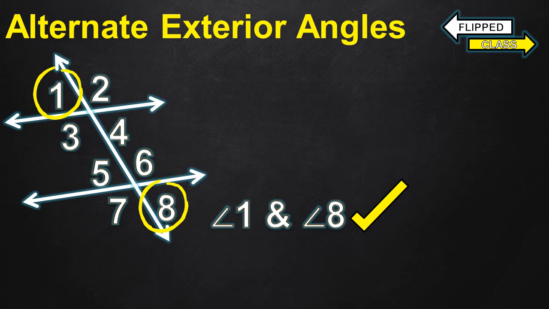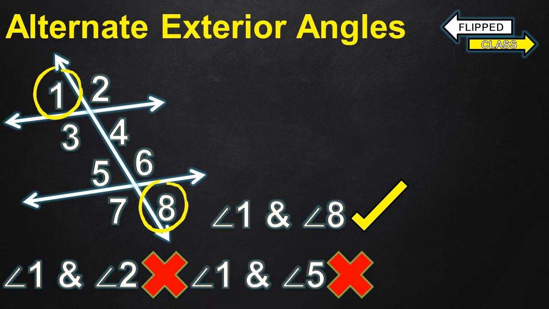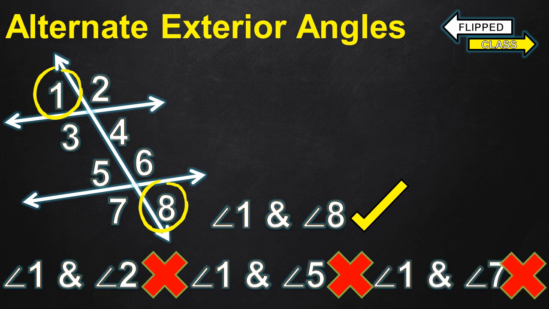If they are true, we also have non-alternate exterior angles here, such as 1 and 2. We also have angles 1 and 5. And lastly, we also have angles 1 and 7. These are non-alternate exterior. Please define alternate exterior angles. Go.